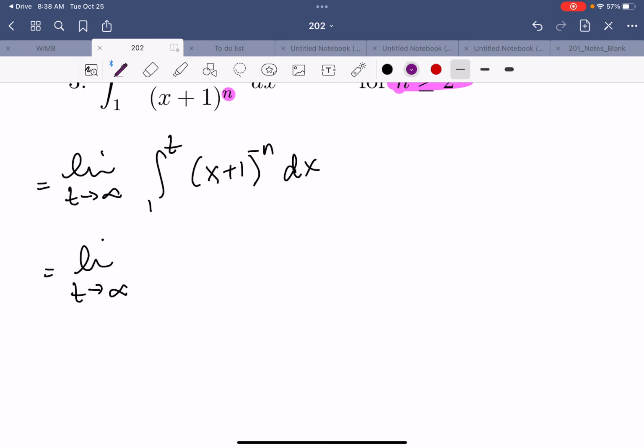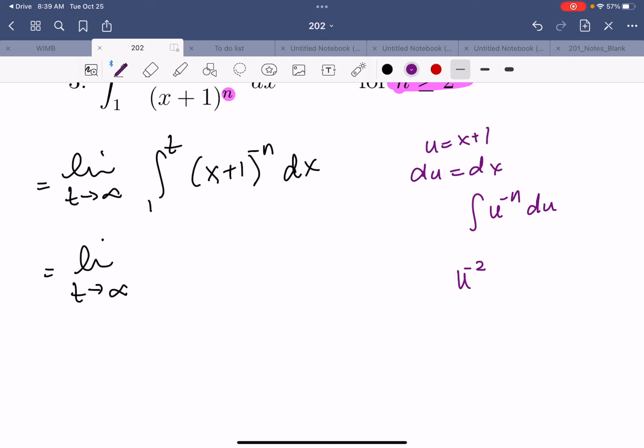So you could use u-substitution here if you like. And that's going to give you the integral of just u to the negative n du. And so how do we handle that n? Well, we know that n is at least 2. So let's pretend you had u to the negative 2.